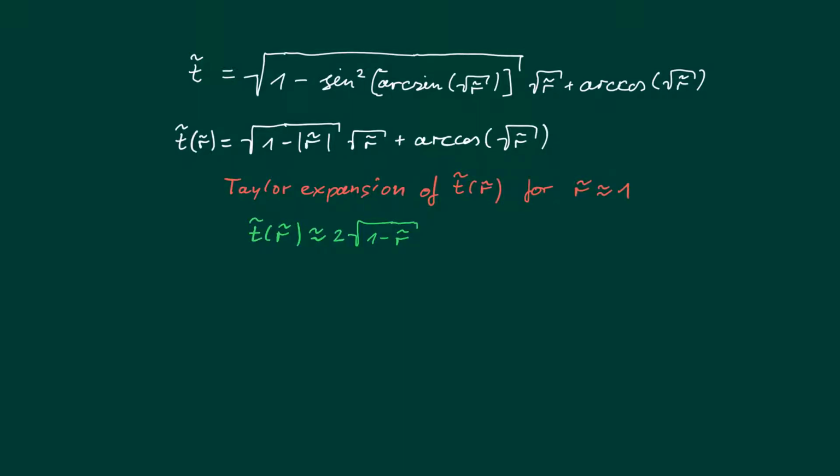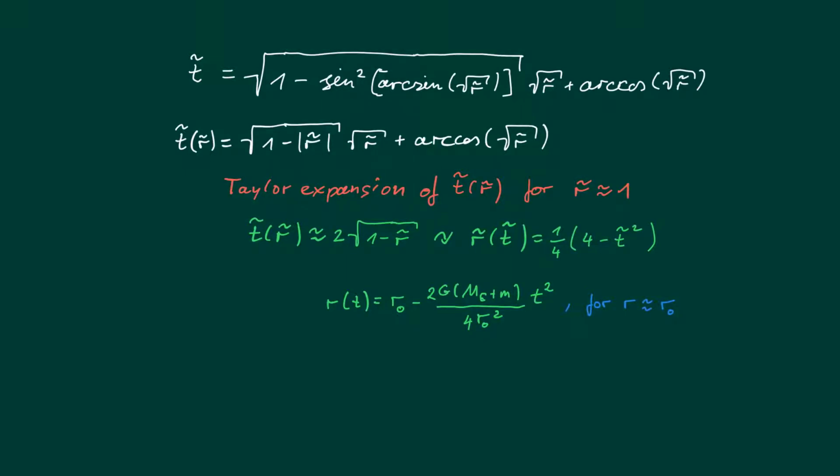Let's forget about the modulus, because we assume only positive distances, and this allows us to rewrite it in this form, and we get finally this equation here. And putting back, undoing the rescaling, we end up with this formula here.